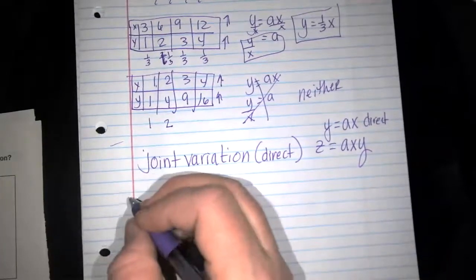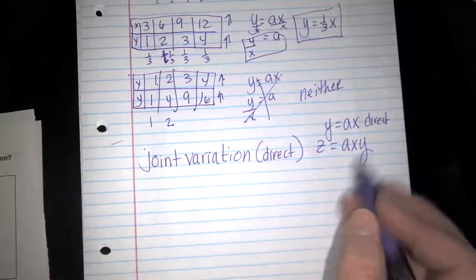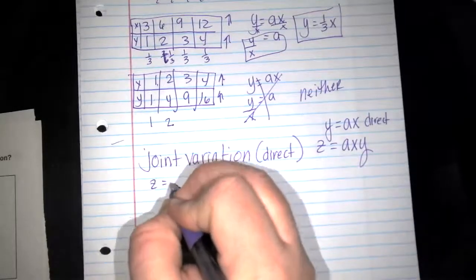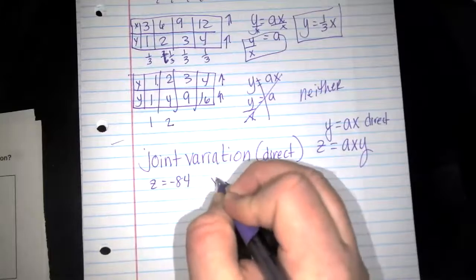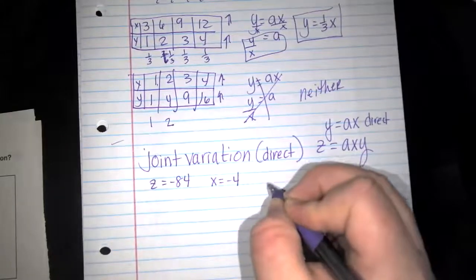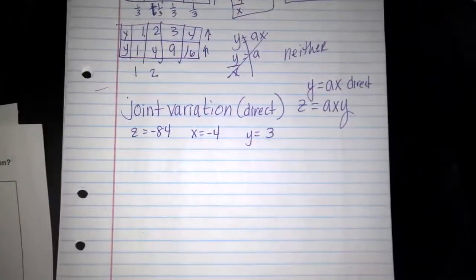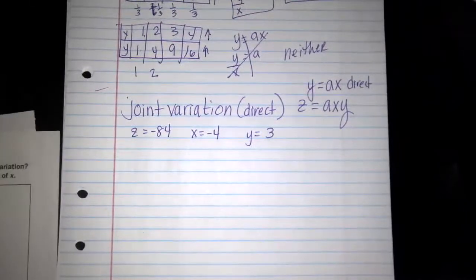So here we go. I'm going to tell you that the variable z varies jointly with x and y, and that z is negative 84, x is negative 4, and y is 3. So what do you think you need to do? Plug them in.